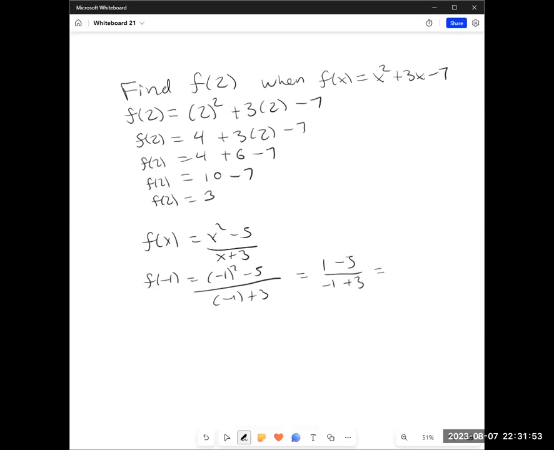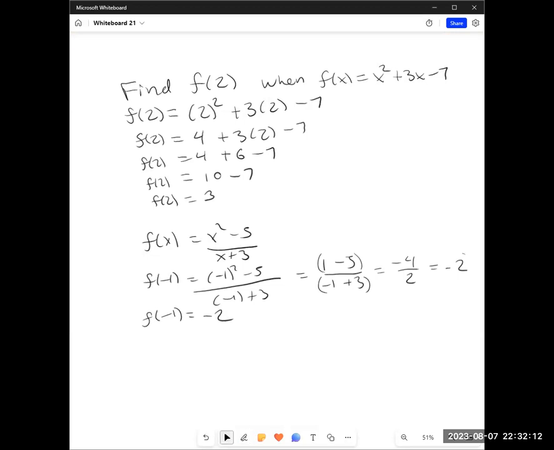Then we need to take care of the numerator and denominator before we do the division for the fraction. And the last thing we're going to do is this division. And we get our answer that f of -1 is equal to -2.